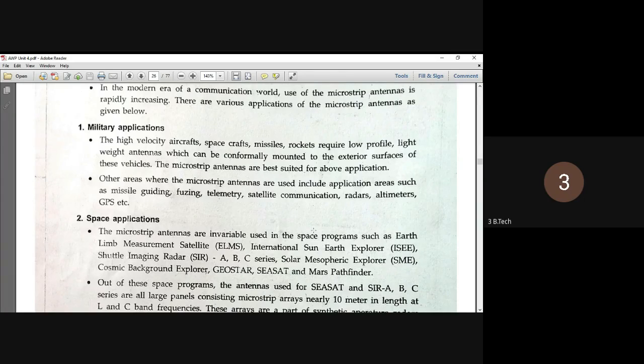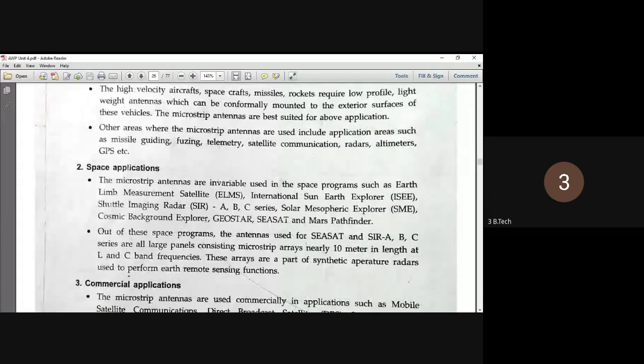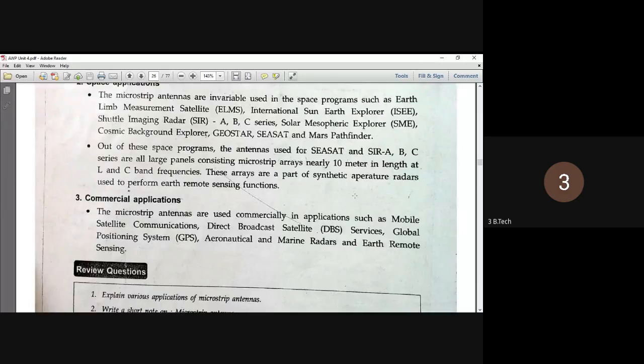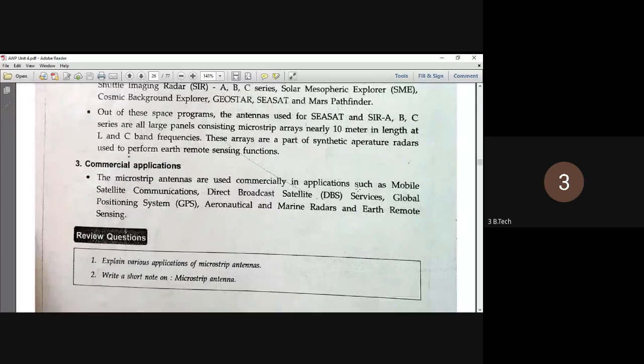Examples in the military are satellite communications, guiding, telemetry, altimeters and GPS. They are also used in space and satellite programs. Commercially, we use them in mobiles, satellites, DBS and the global positioning system, GPS.